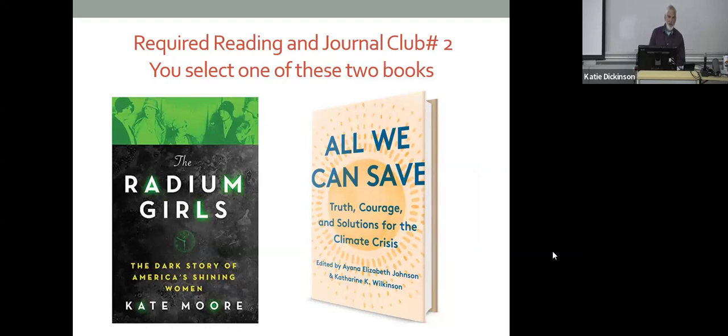The Radium Girls is a fascinating book about occupational health in the 1910s and 20s and a little later, revolving around mostly young women who were hired to paint radium dials on watches, and the interesting interactions between them and each other and the company they worked for, the scientific community, the press, the medical community.